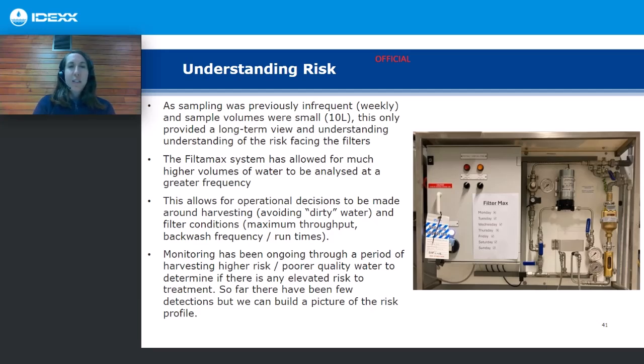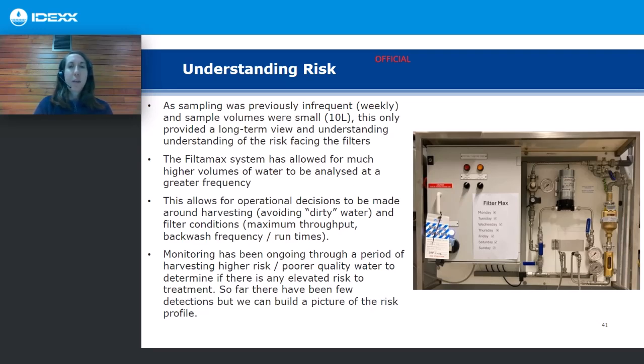The Filta Max system, which we installed at the start of 2024, has allowed much greater volumes of water to be analysed than what we had previously. We run water through it for 10 minutes every hour for a 24-hour period, and we do that 5 times a week. So a much greater volume of water is processed through the filter, and this really makes it possible for us to make operational decisions around harvesting.